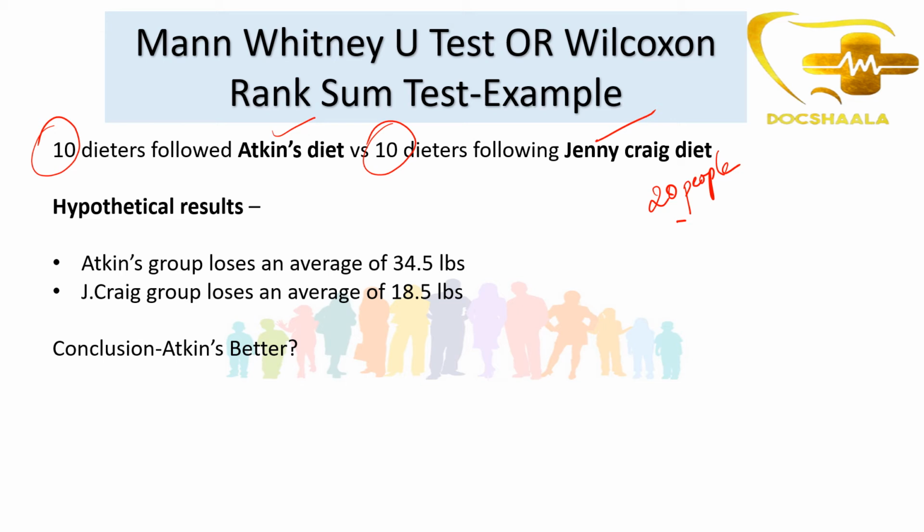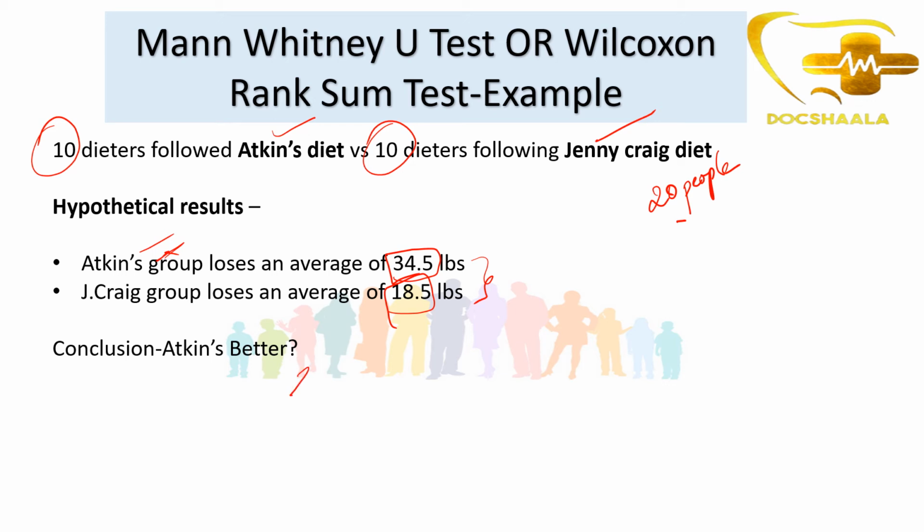Hypothetically, what we are expecting is that the Atkins group loses an average of 34.5 lbs, whereas the Jenny Craig group loses an average of 18.5 lbs. According to this hypothetical result, the people following Atkins diet have more weight loss than those on Jenny Craig diet.